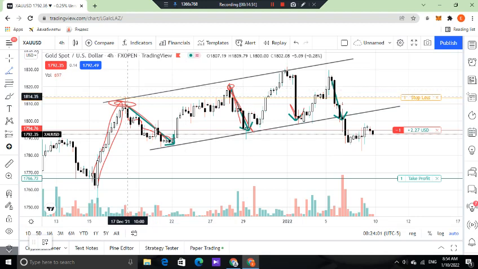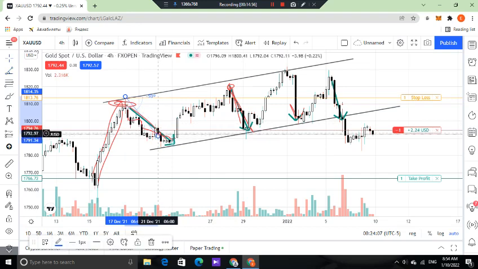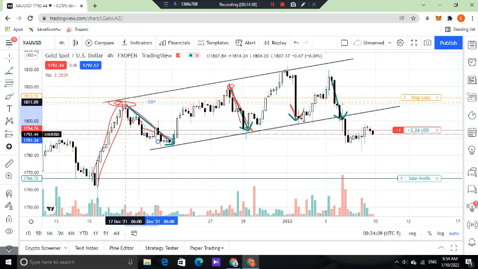You can just use it to measure the angle.